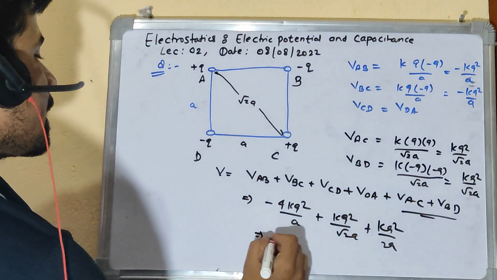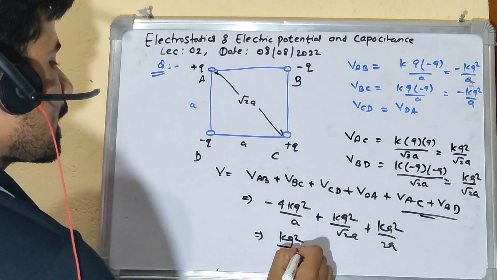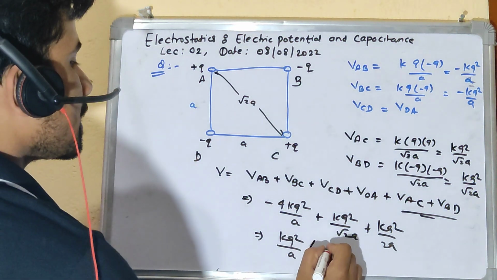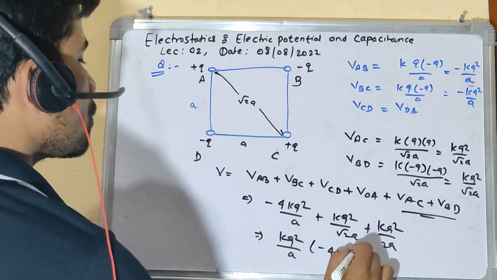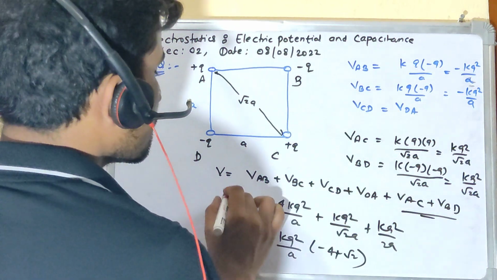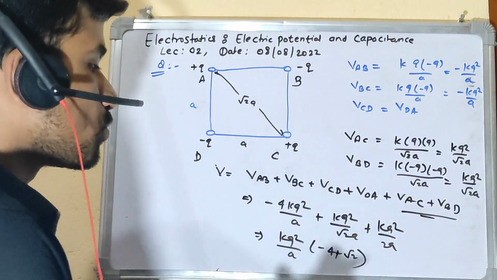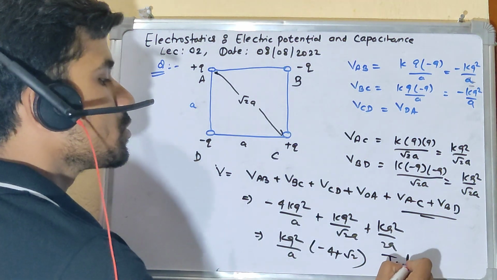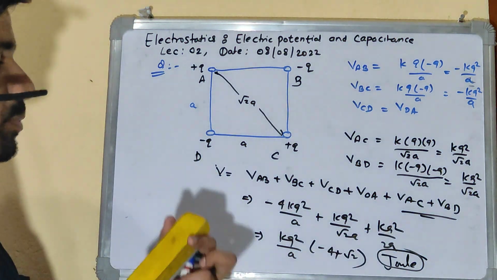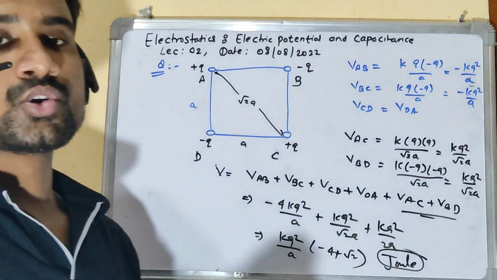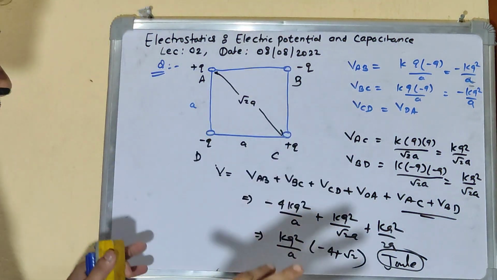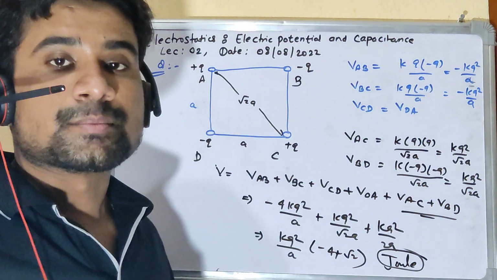If you solve this, you will get KQ square by a times minus 4 plus root 2. This is what I have written as V, but this is actually energy, this is nothing but U. So this many joules of work is to be done to bring all this system of charges together on the corners of this square system.